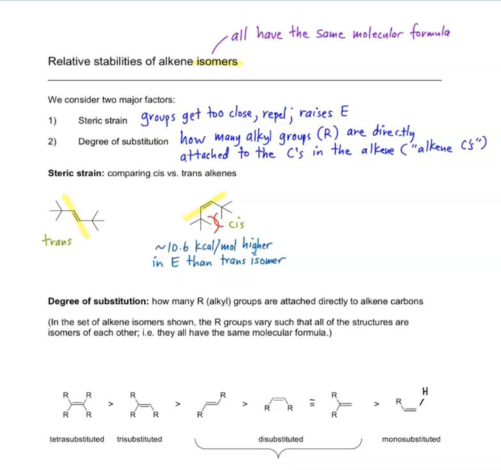And so we can extrapolate from this and make a general statement, which is to say that cis alkenes are less stable than trans alkenes because of this steric strain. That means they are higher in energy if they're less stable.